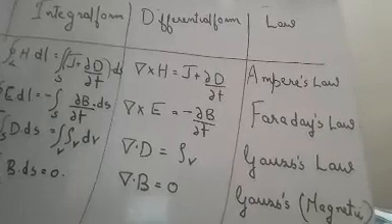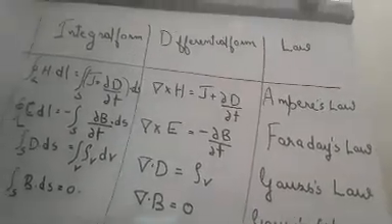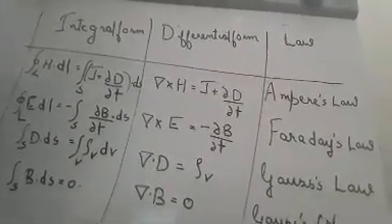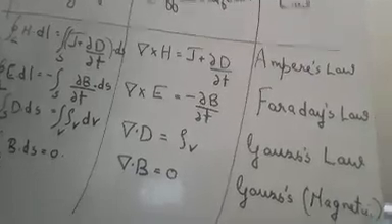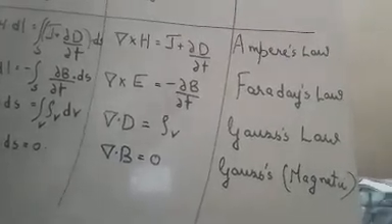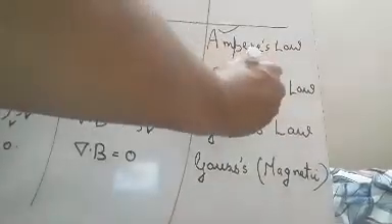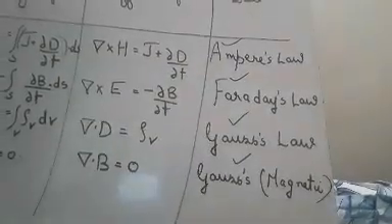Third one, surface integral of D dot dS is volume integral of rho v dv. Last one, surface integral of B dot dS is equal to 0. And the same in the differential form, and the laws also we have to study. So the 4 laws are Ampere's law, Faraday's law, Gauss's law for electric and magnetic fields.